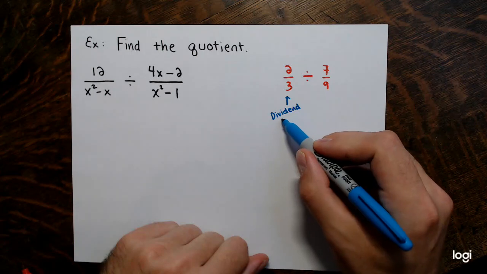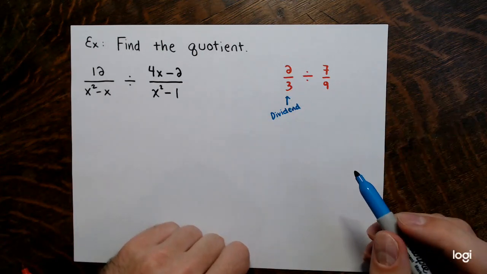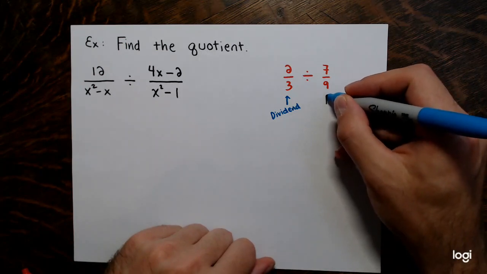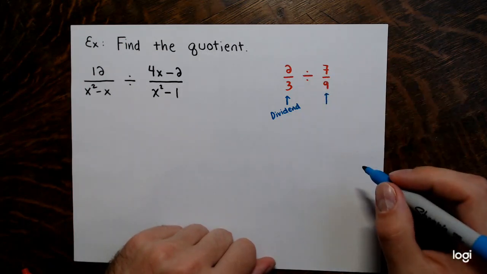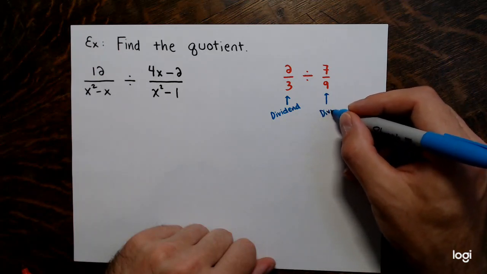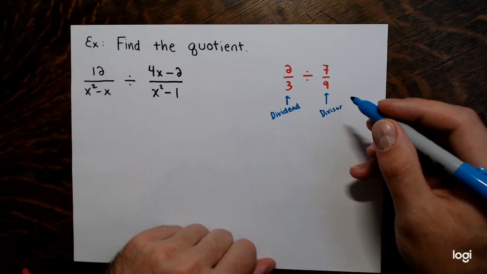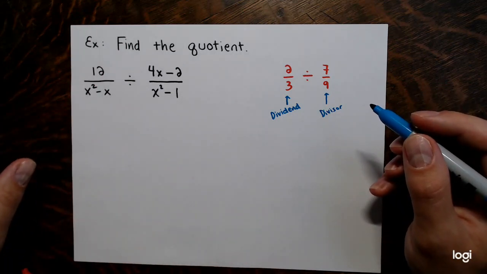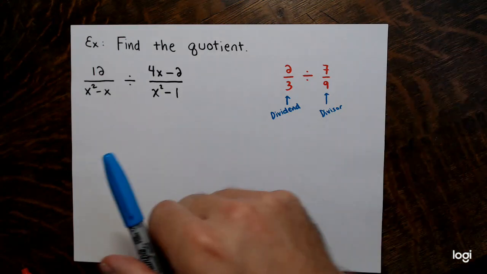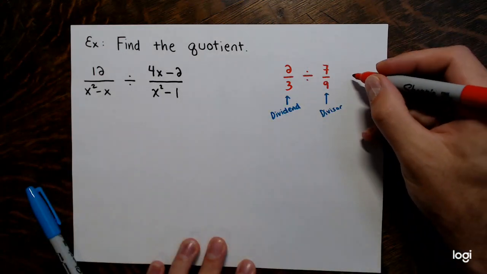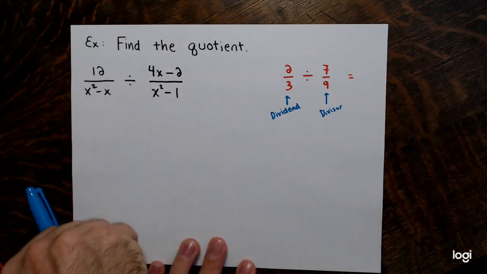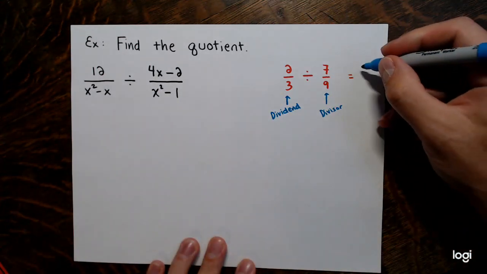That's what you're dividing into. The number after the main division symbol is called the divisor, what you're dividing by. And what the final result is, what this is equal to when you're all done, is called the quotient.